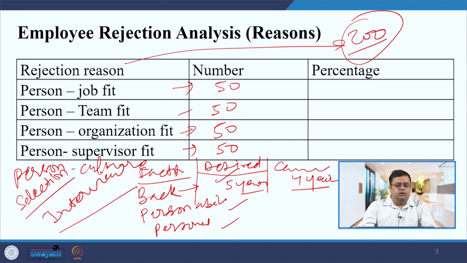If your cost is involved in bringing candidates from that particular source, you can think of reducing or not investing time and money in that source when you are rejecting most of the candidates appearing in the interview from it. So that is one thing you can decide after doing this rejection analysis.